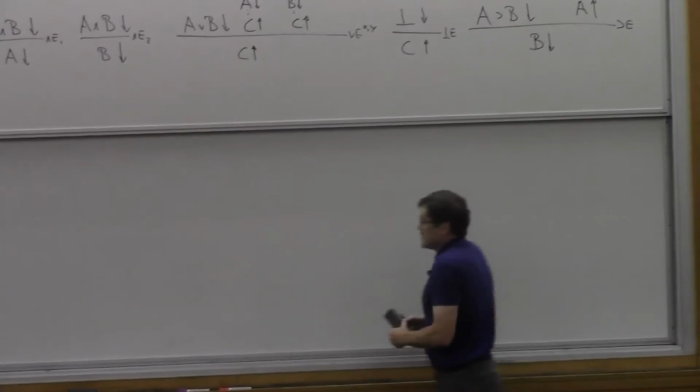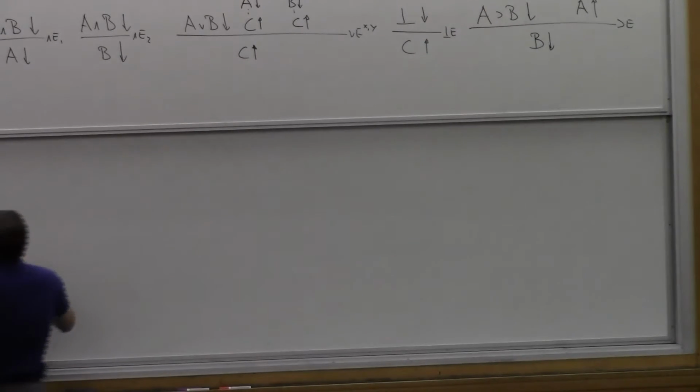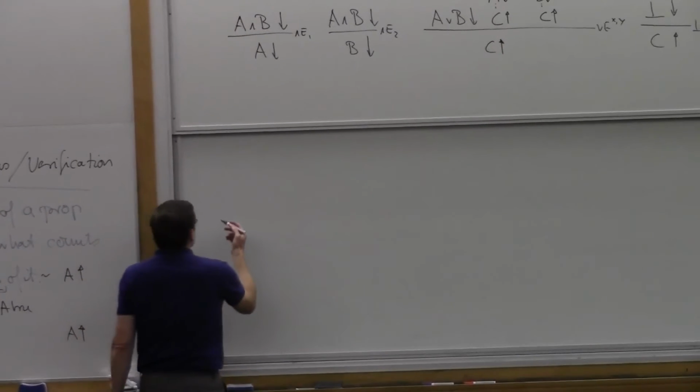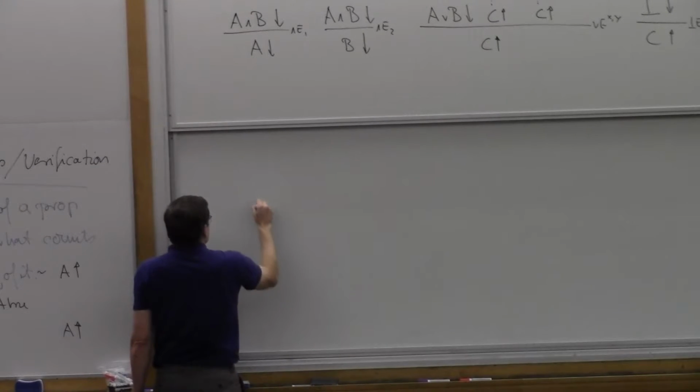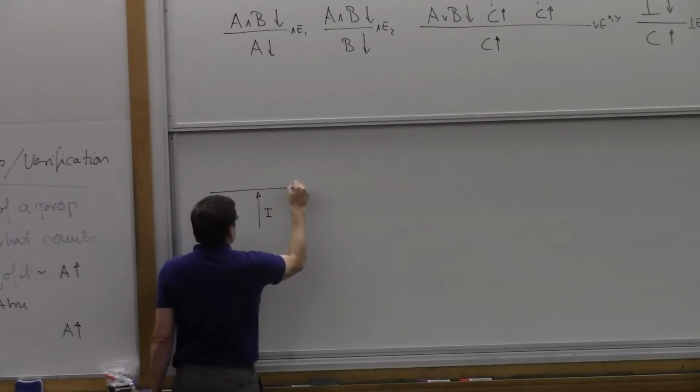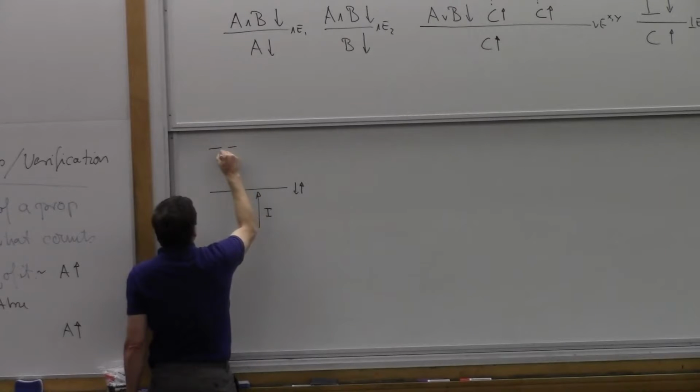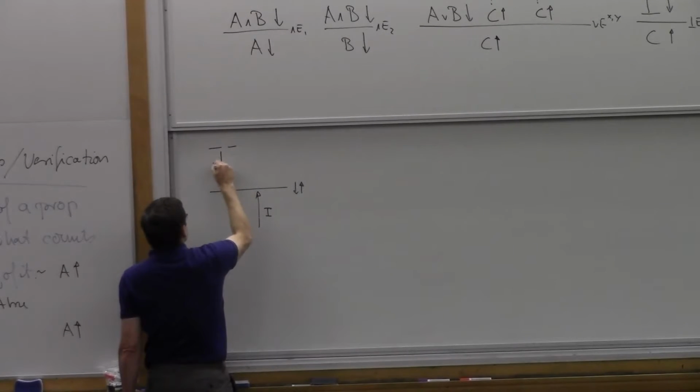All right, so what does a natural deduction look like? Actually, maybe I should say verification. So a verification looks like this. We work with introduction rules from below. Then we have this down-up rule. We have some assumptions up here, and you work downwards with the elimination rule to that.